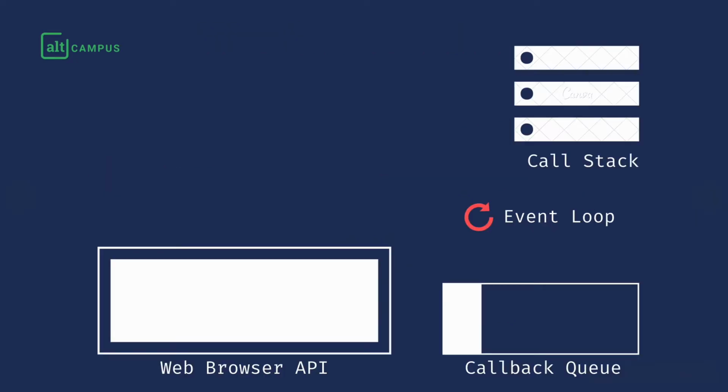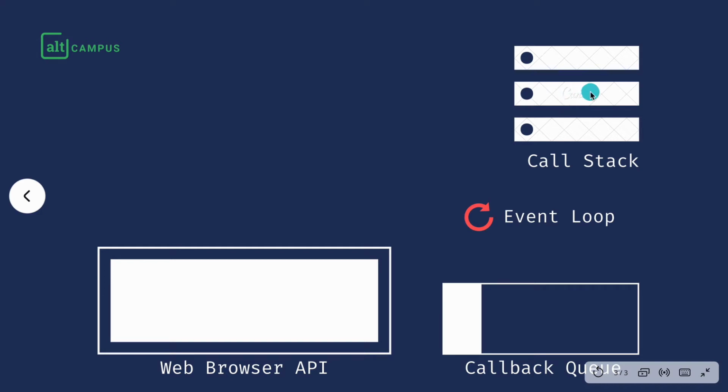We have also seen what the structure of the browser looks like, because we have access to the call stack, the callback queue, the event loop, and the web browser API. So how do they communicate with each other? Whenever there is any web browser API that we are using inside our JavaScript code, it doesn't get executed inside the call stack.